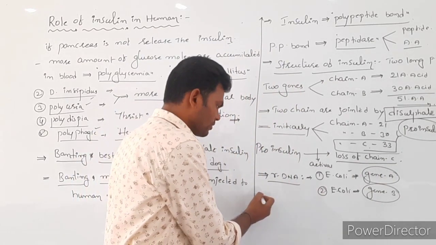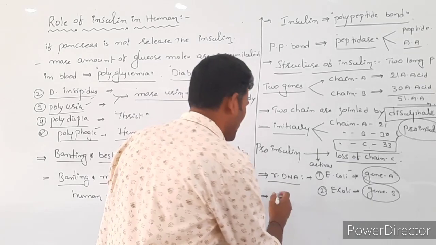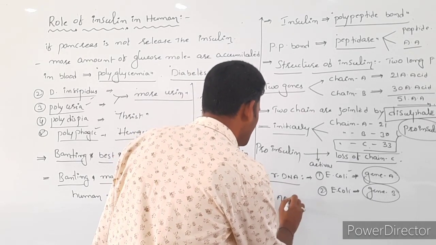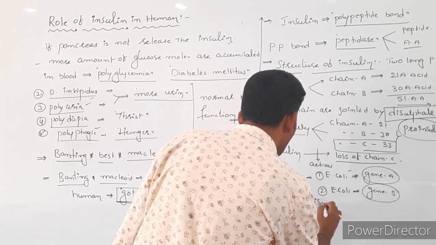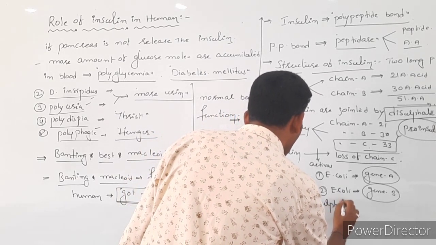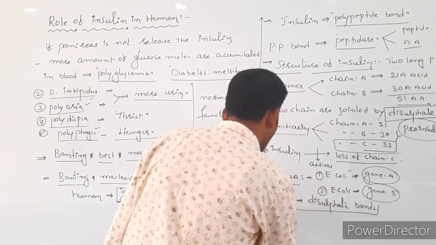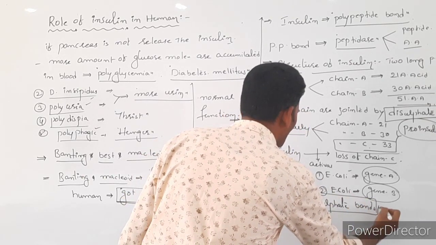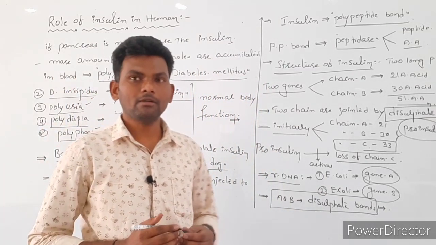After that, what do we have to do? After separation and purification, we join these A and B chains with the help of disulfide bonds. Now recombinant insulin is formed. Clear?